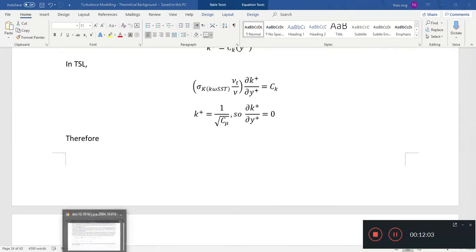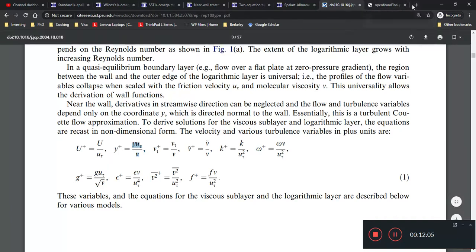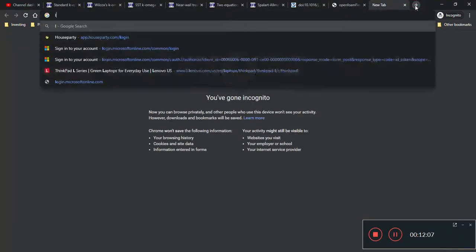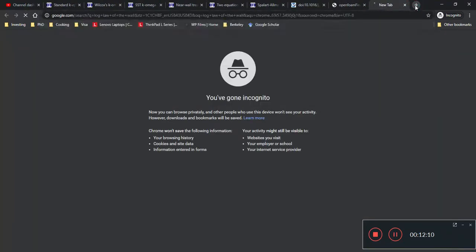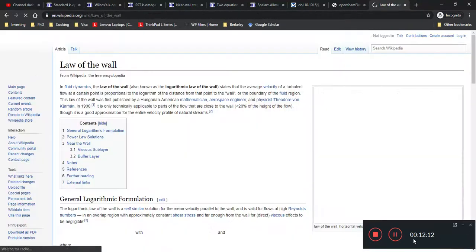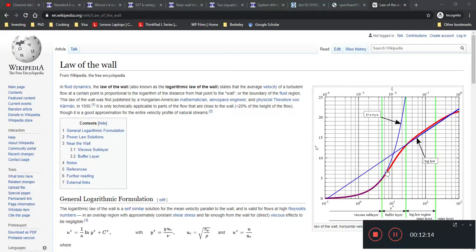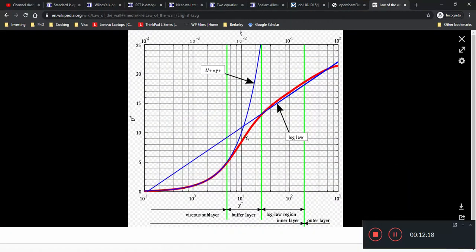Now, for simplicity, I'm going to ignore this buffer layer, because if you look at the log law of the wall, you can see that the true curve, the red curve over here, is the proper function.